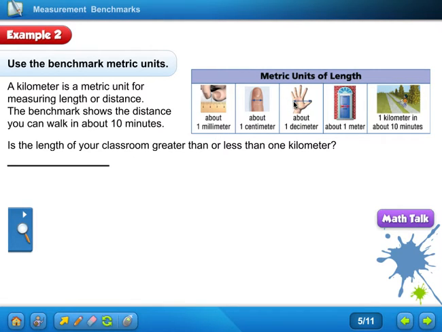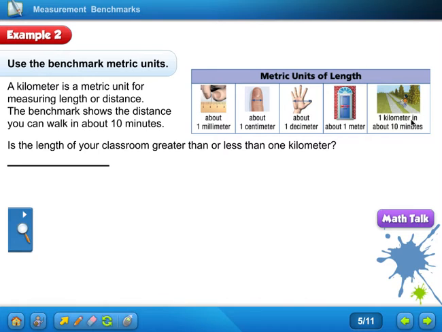Decimeter is about the width from your thumb to the end of your pinky finger right there, your palm. 1 meter is the width of the door right there, the door frame.